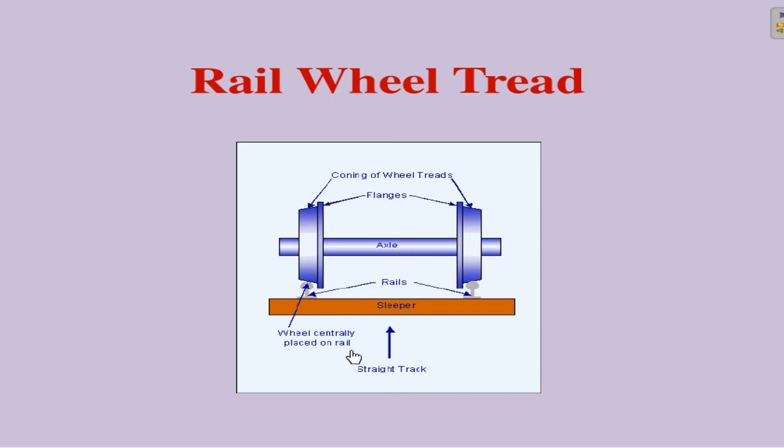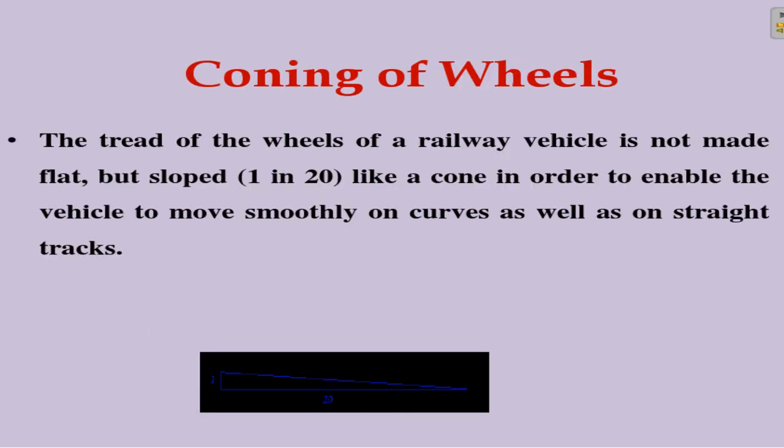There will be a tendency of the train to move out of the track when it encounters a curve, because of the centrifugal force. If the wheel is made flat, the tendency of the train will be to move outside of the track, which will cause problems. It may cause derailment also. So, in order to avoid this, we are providing coning of wheel.